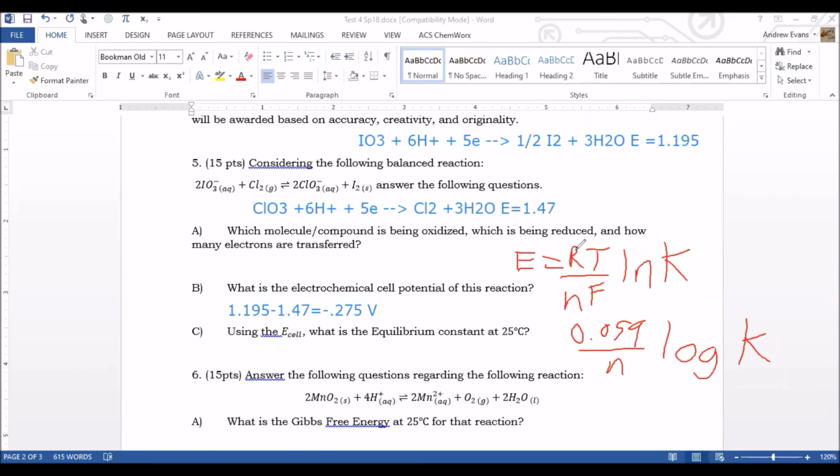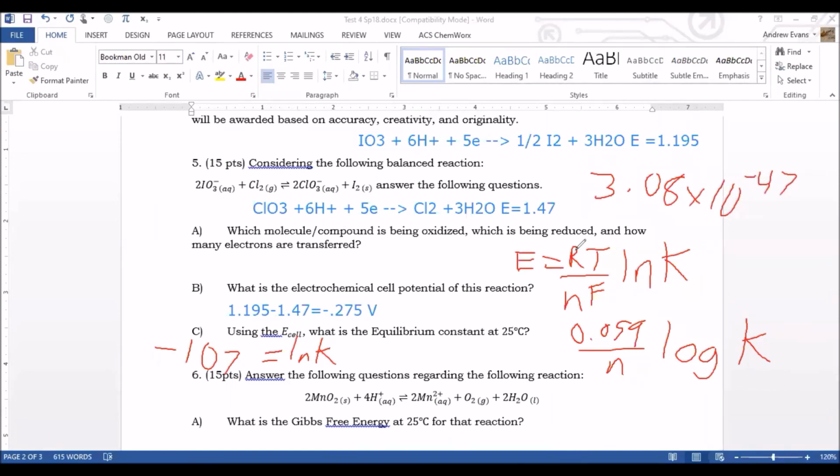So I get negative 107 equals ln of K. So as I raise that to the inverse log, what is the equilibrium constant for this? 3.08 times 10 to the negative 47.